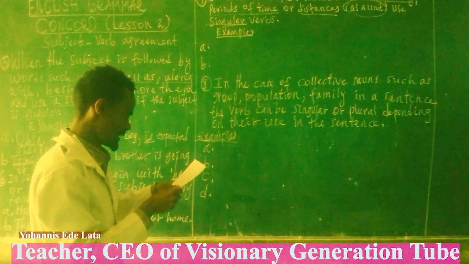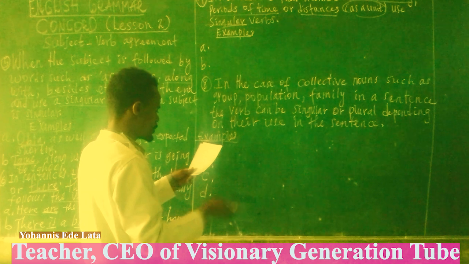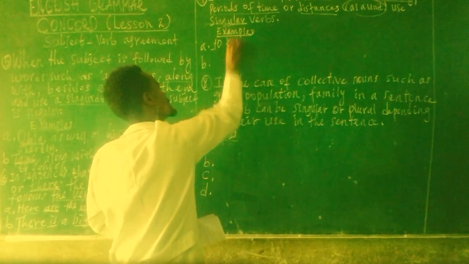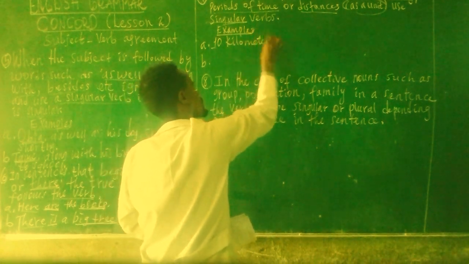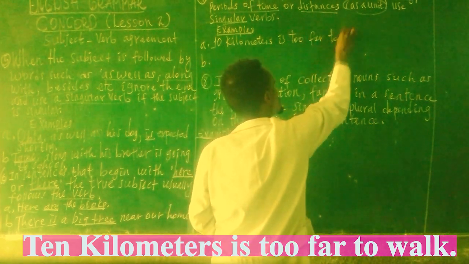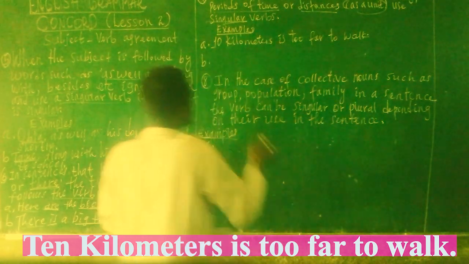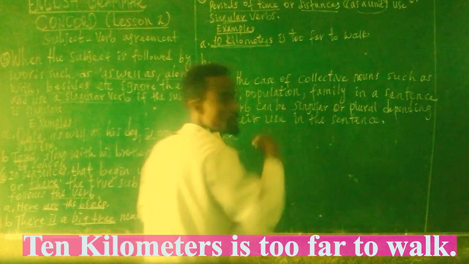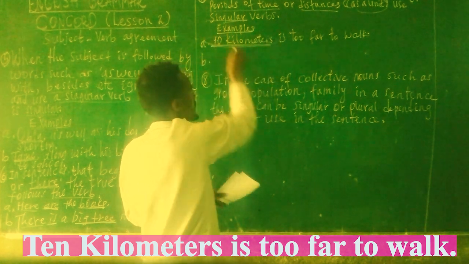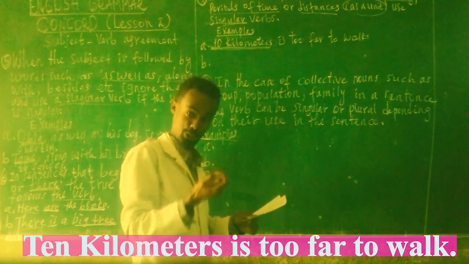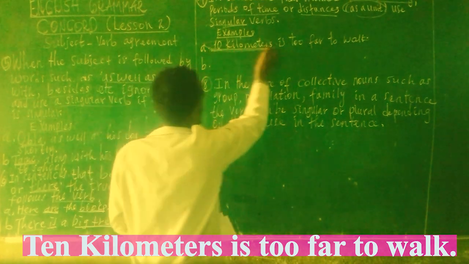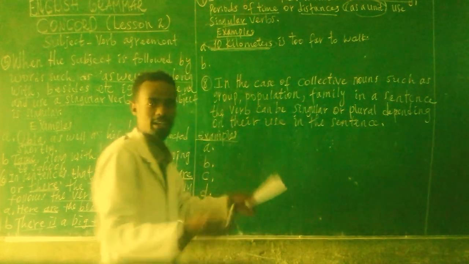Let's see. 10 kilometers is too far to walk. Look here, it is a plural subject, but it is taken as singular because it is about a distance taken as a unit. We don't see them separately, but we take them as a unit. So 10 kilometers is too far to walk.